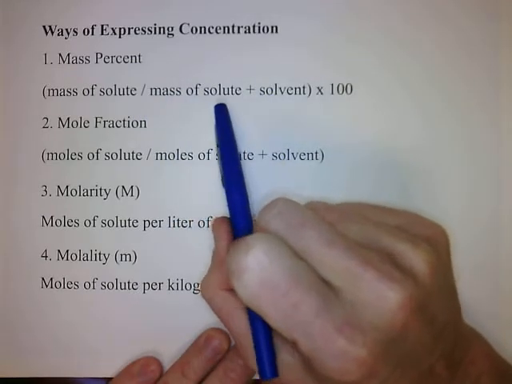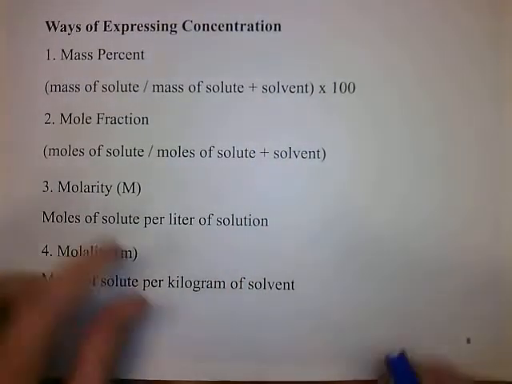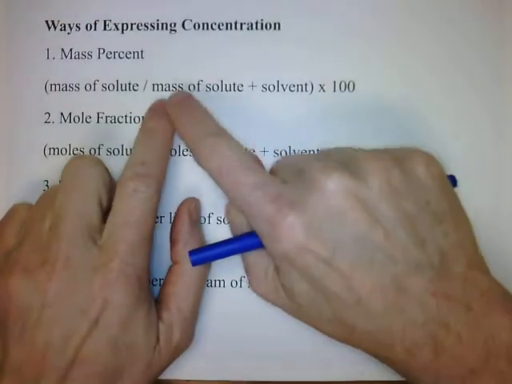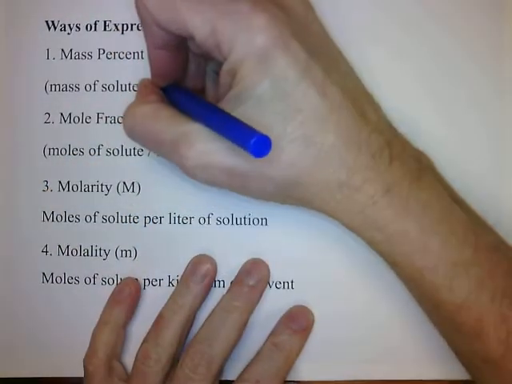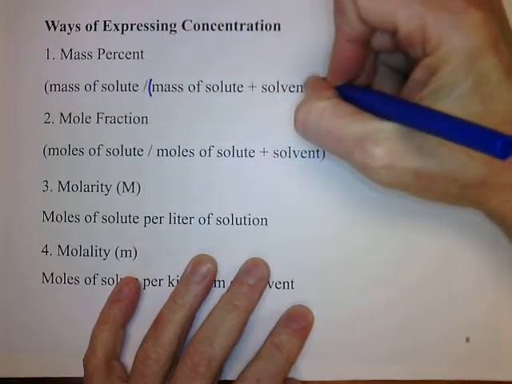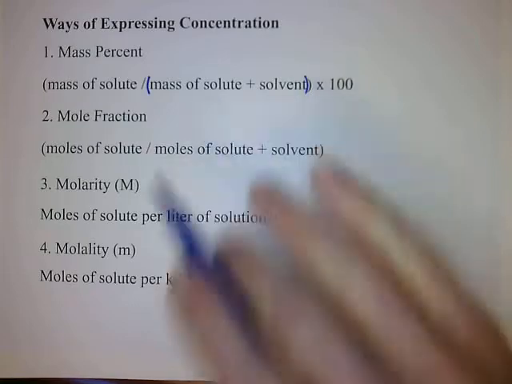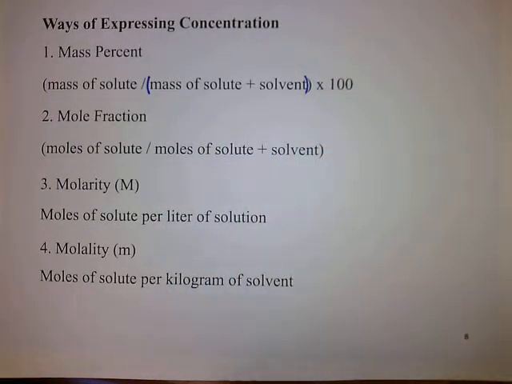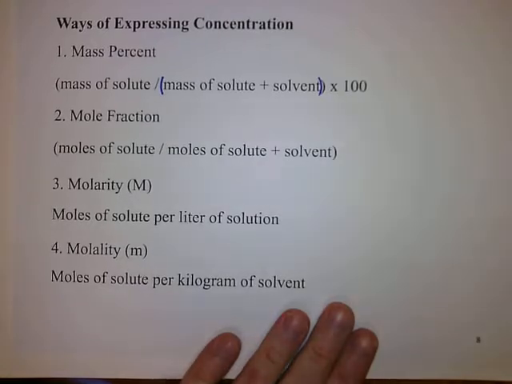The mass of the solute plus the mass of the solvent, right? So mass of solute divided by the mass of solute plus solvent. Maybe I should have an extra set of parentheses around there. But it's the mass of solute divided by the total mass times 100 to convert it into a percent.